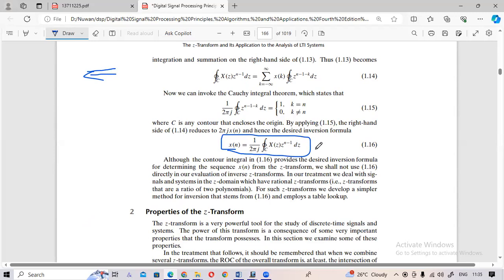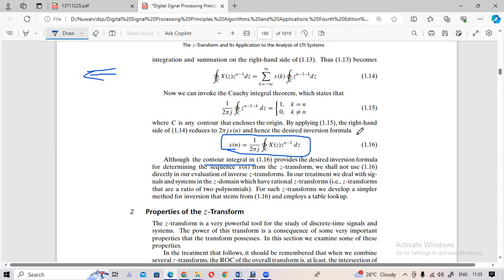But the problem is that in Fourier analysis, the inverse Fourier transform is just a normal integration. But in this case, it is not a normal integration. We call it a contour integration. Here you can see the contour integral.